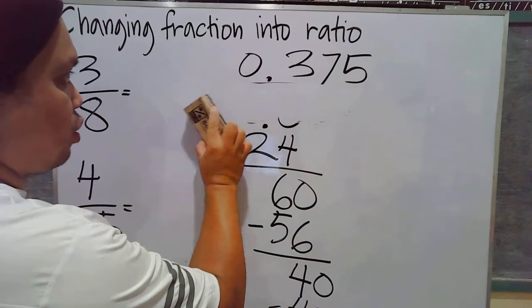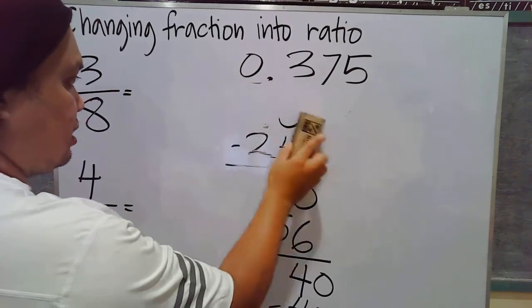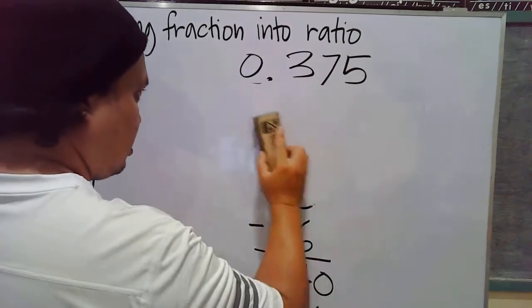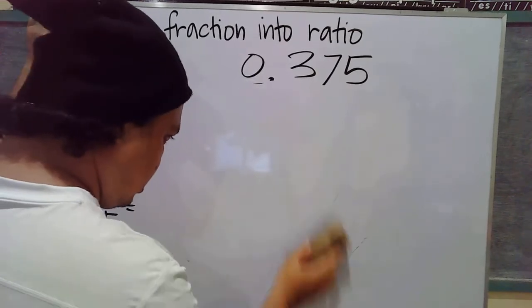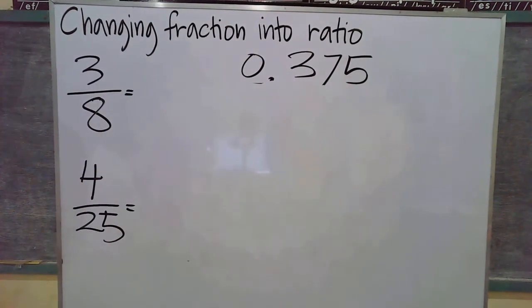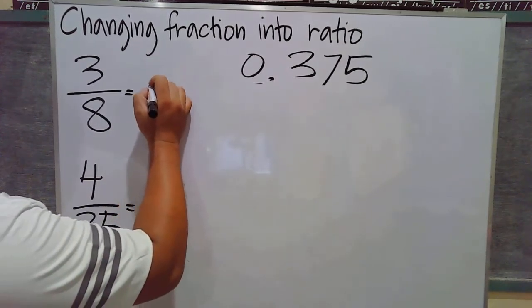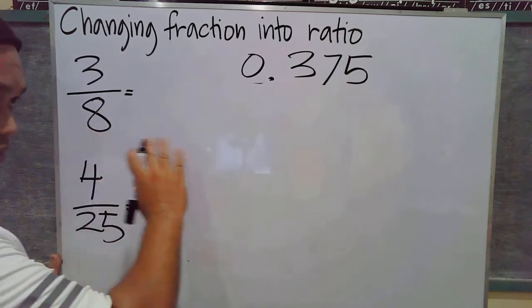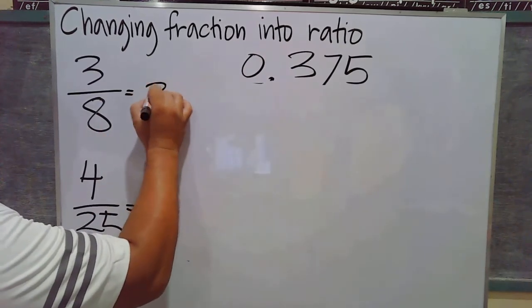Now, if we are going to give its other forms, let's change 3/8 into a ratio. It's very easy. Just copy the numerator and arrange it horizontally.